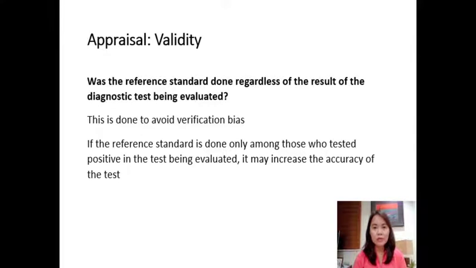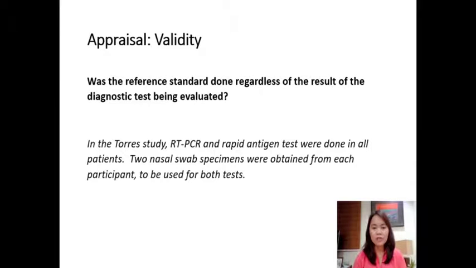So what did they do in the Torres study? In this study, RT-PCR and rapid antigen tests were done in all patients. Two nasal swab specimens were obtained from each participant, and each specimen was to be tested for either of the two tests. So the reference standard was done regardless of the test result of the rapid antigen test.